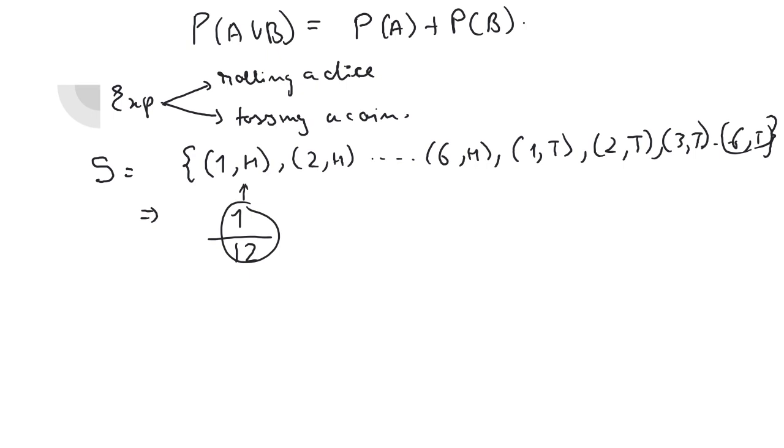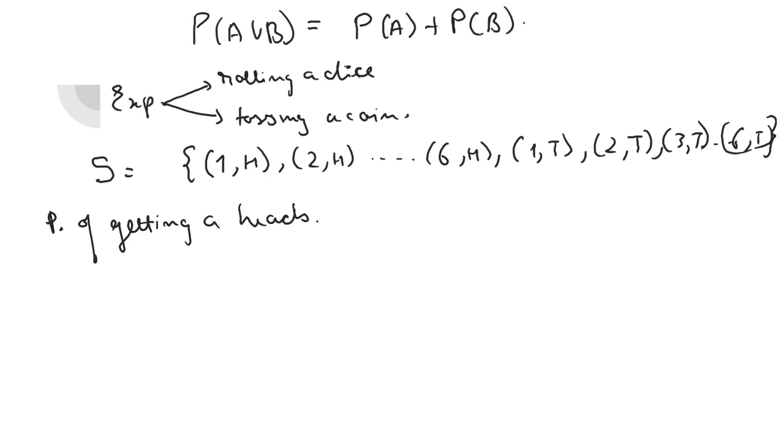Now I take a condition that I have to check. Let me erase this here, I need some space. The condition is that I have to check the probability of getting heads.